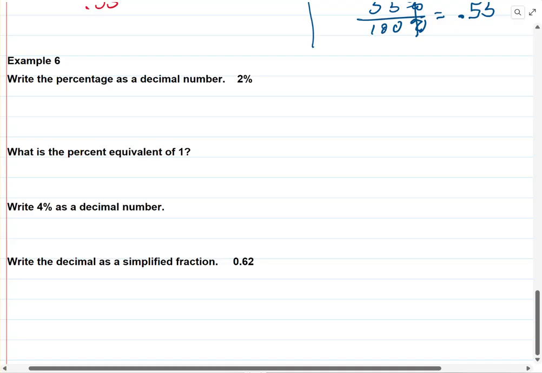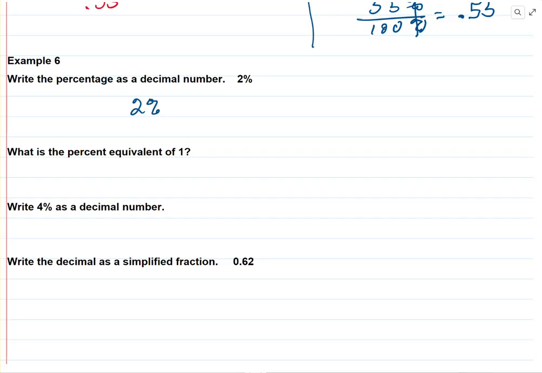Write the percentage as a decimal number, 2%. So I have 2%. I'm going to cross it out. I'm going to place my decimal. I'm going to move it 1, 2 places and insert a 0 placeholder. So this one in decimal is .02.